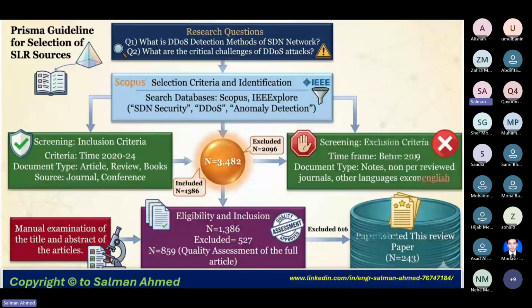So when we do the inclusion and exclusion, from the 3482 papers, finally the papers eligible for your research will be around 1000. So these are the advantages of using a PRISMA method.